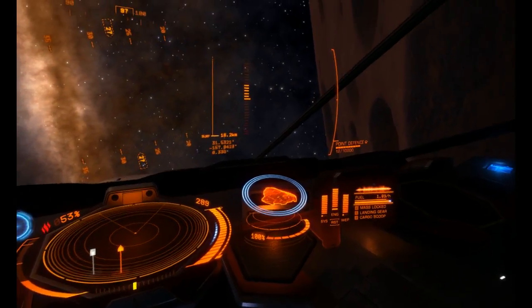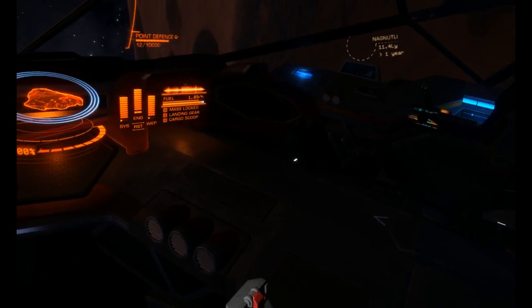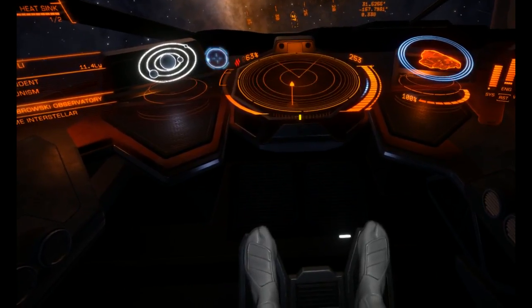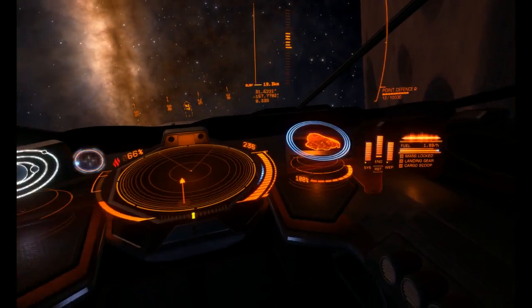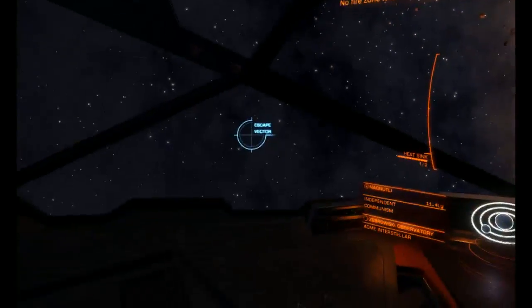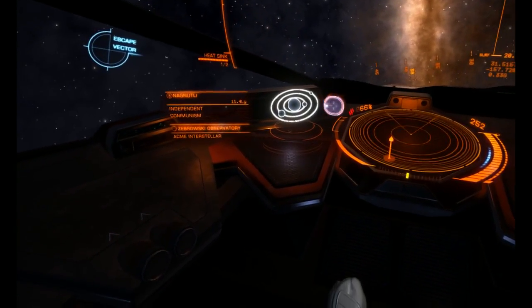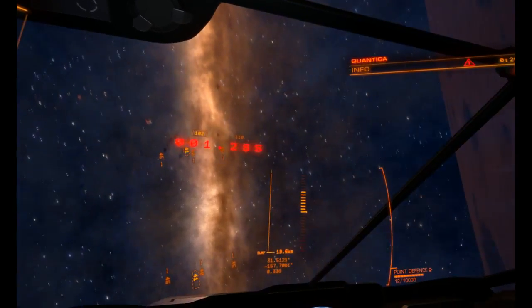Frameshift drive charging. Go with Super Cruise first. Four, three, two, one. Engage.